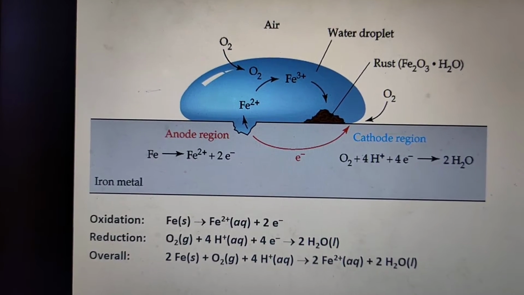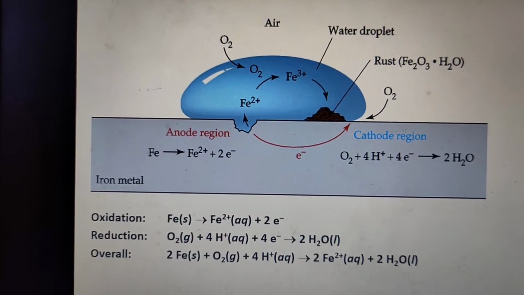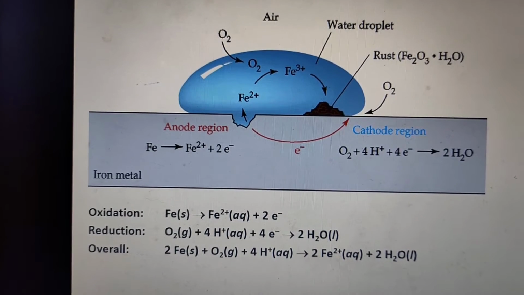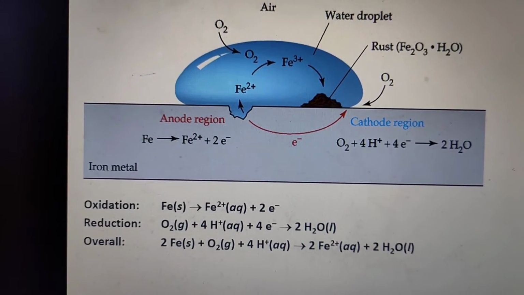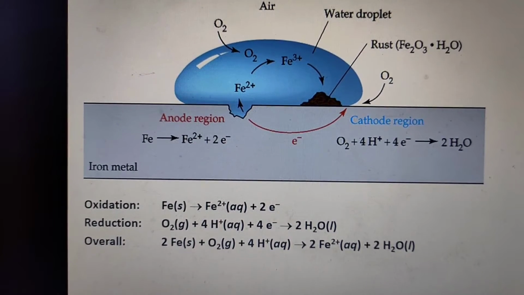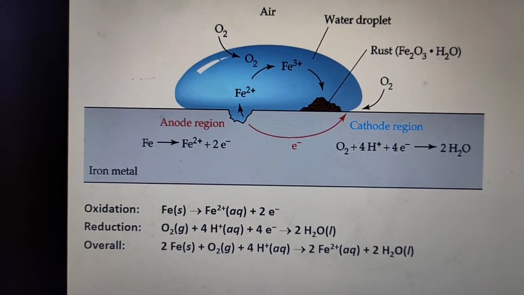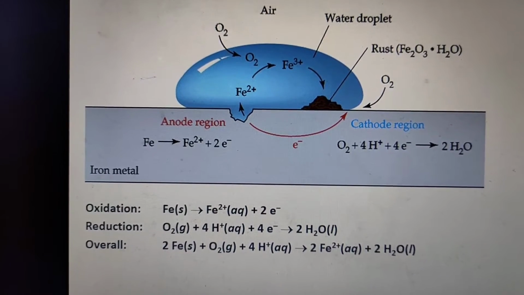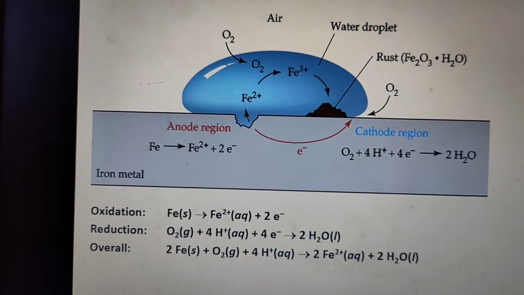So a cell is set up there, and this is the cathode reaction. Now Fe is oxidized. The overall reaction is 2Fe plus O2 plus 4H plus will give 2Fe2 plus plus 2H2O. And these iron 2 plus ions are oxidized to iron 3 plus, Fe3 plus, and they form the rust, that is Fe2O3.xH2O, where the percentage of water varies. So the rust is hydrated iron oxide, Fe2O3.